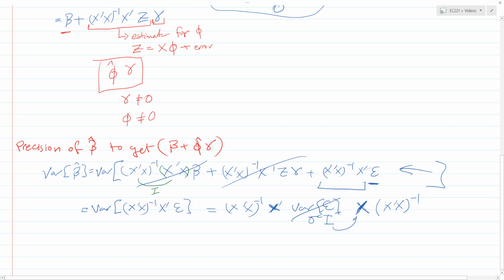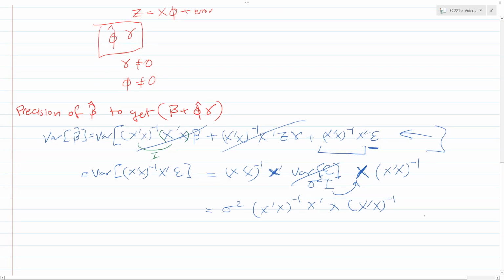If we multiply I by x, we get x, so I goes away, and sigma squared is a constant, so just bring it wherever. Sigma squared x prime x inverse x prime x prime x inverse.